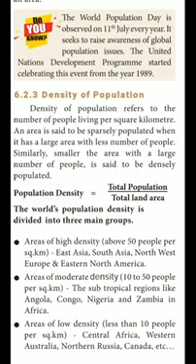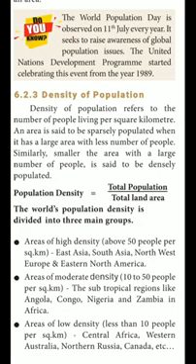What are the 3 main groups? High density, moderate density, low density. Okay. So areas of high density have above 50 people per square kilometer.